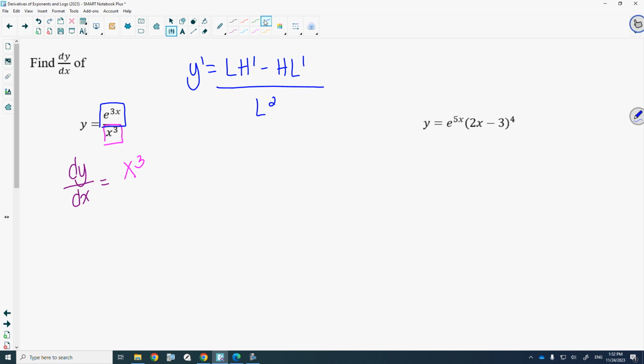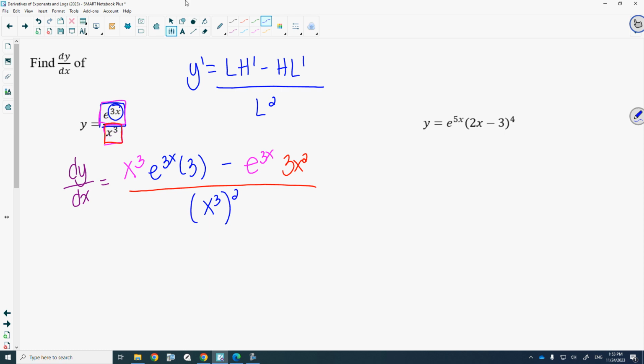Derivative of e to the 3x is e to the 3x, derivative of 3x is 3. So low d high minus high d low. Derivative of x cubed is 3x squared. Draw the line and square below. I've got x cubed is my function, and I'm going to square that.